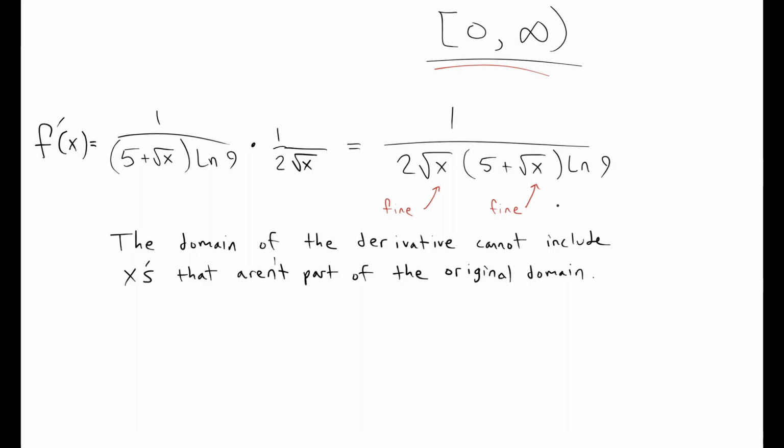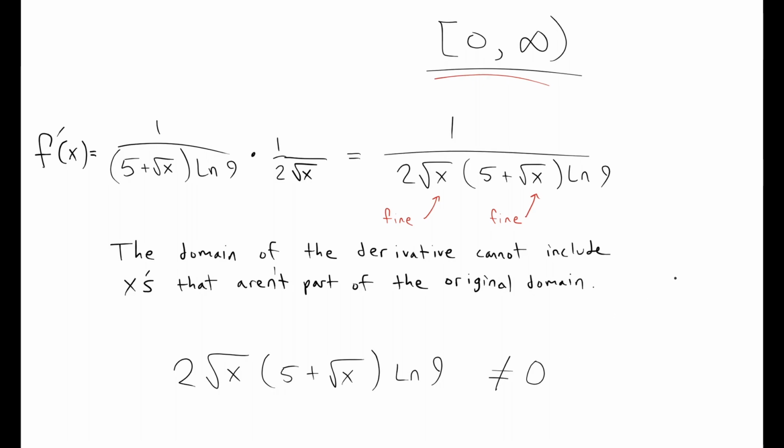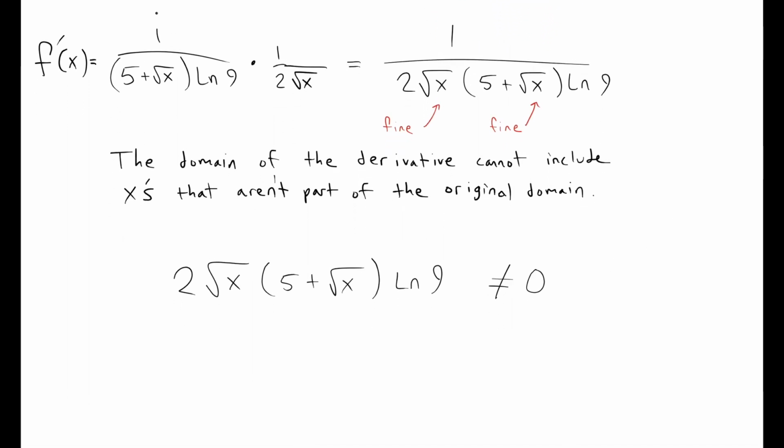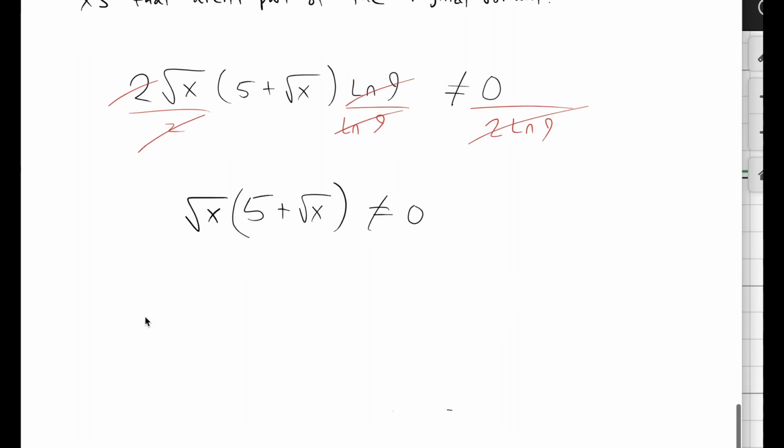So this is fine so far. The only other thing that might cause a problem would be division by 0. So we have to make sure that 2 radical x times 5 plus radical x ln 9 cannot be 0. Some of these constants can just be divided into the 0, so they go away. Now by the zero factor law, you have to break it up into 2 parts.